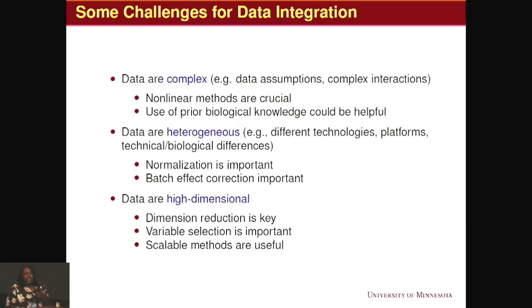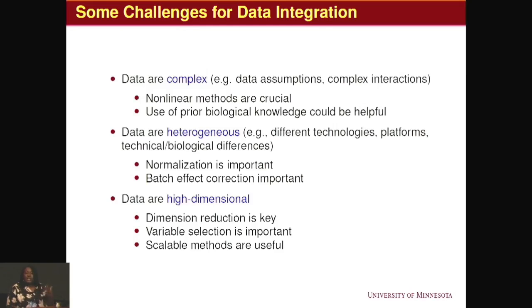Each data type will have its own data distribution. There are complex interactions within a particular data type and even among different data types. And so nonlinear methods become important for unraveling the complex relationships in these data types. Also, using prior biological knowledge about how the variables are related becomes useful.